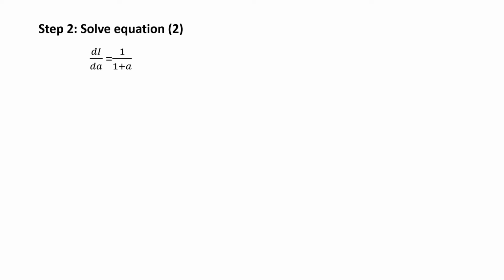We will solve it by variable separation, and we get I equal to log of 1 plus a plus c, one arbitrary constant. That is your third equation. Here we are getting this as the solution for I, but I is a definite integral, so it should not contain the arbitrary constant.